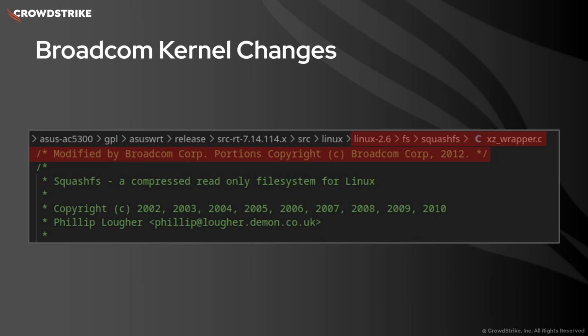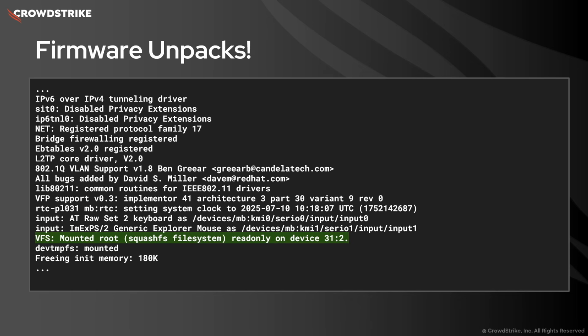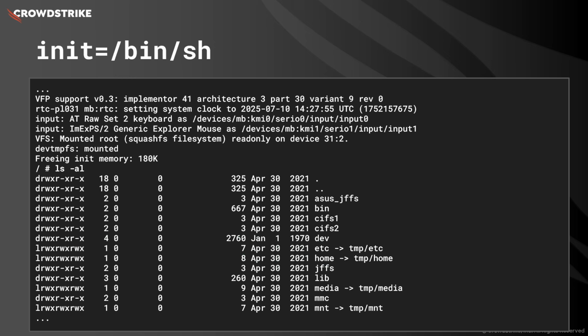Similarly, we can just backport XZ support from 2.6.38 into our own build, or just use the code from this GPL release. And it works. The file system unpacks. But it's an indication of the kinds of tweaks we have to make to the kernel as we're going along trying to do this kind of emulation effort.